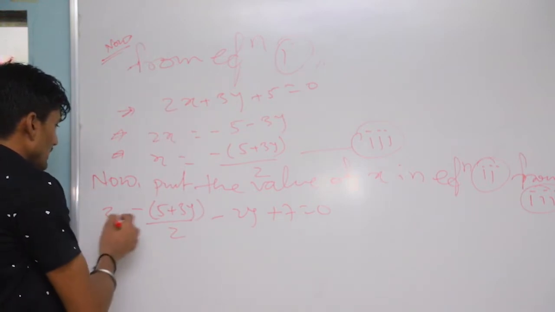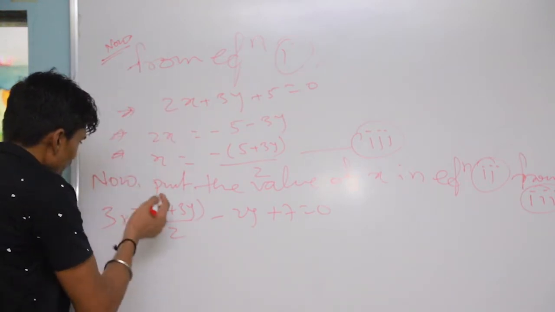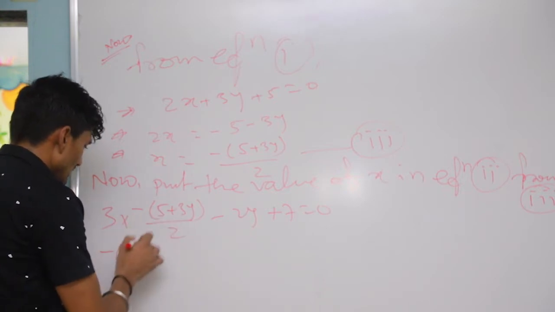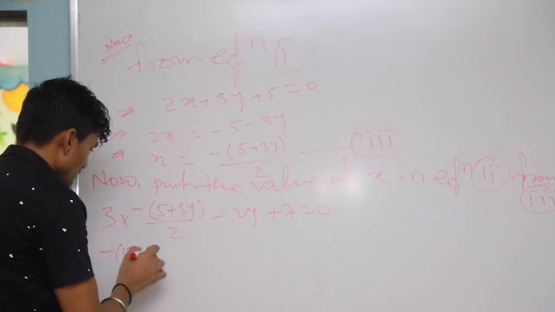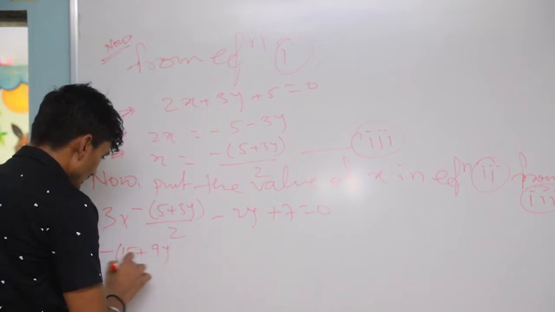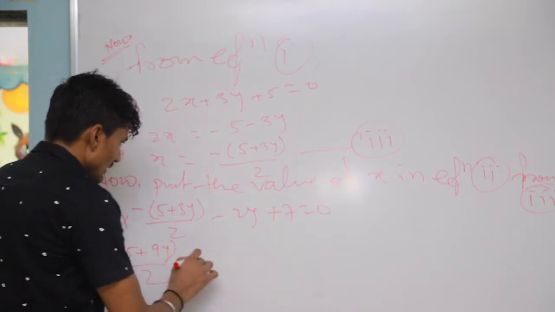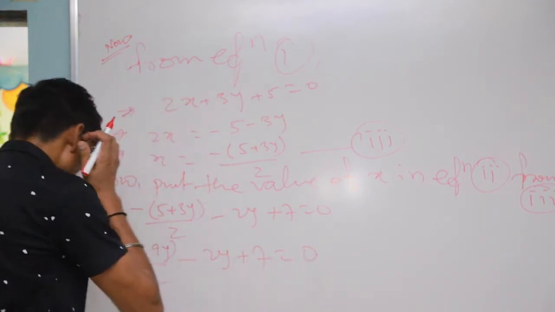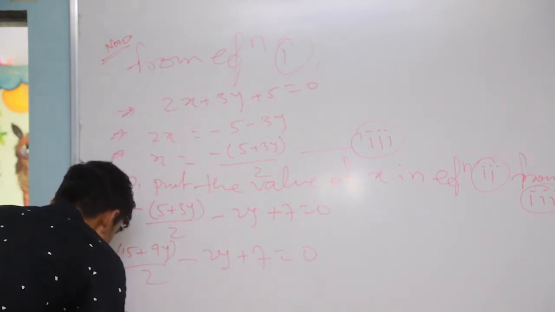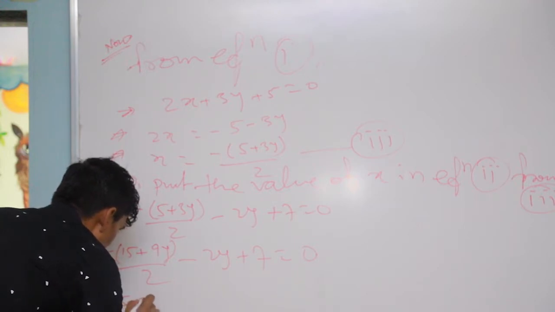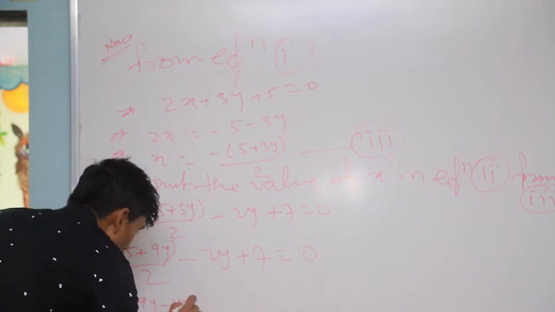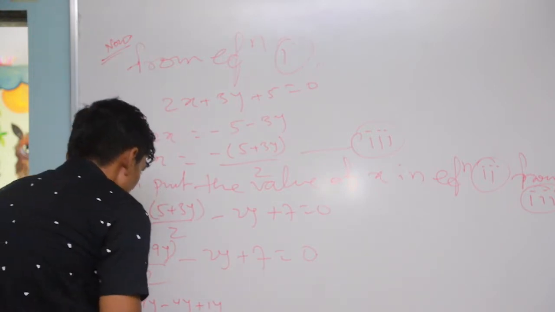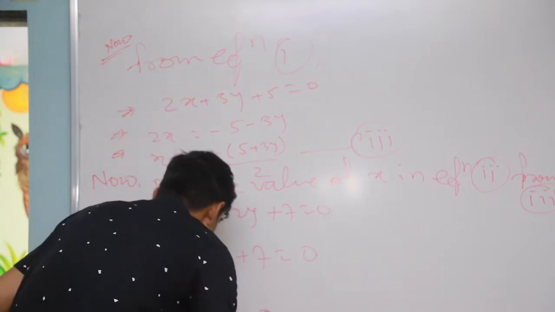Here we have to multiply the 3 with the 5, that means minus 15, and 3 times 3y is minus 9y, by 2, minus 2y plus 7 is equal to 0. Now minus 15 minus 9y minus 4y plus 14 by 2 is equal to 0.